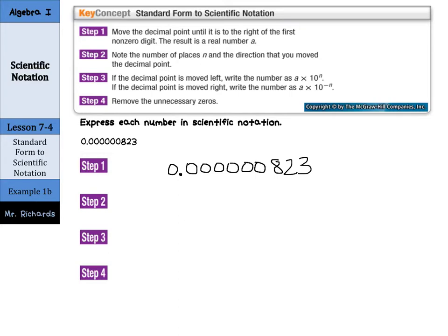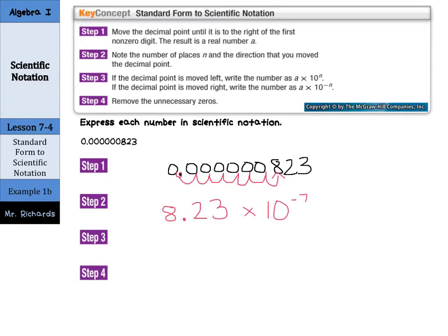Now, let's move this decimal point. We're going to go 1, 2, 3, 4, 5, 6, 7 spots. And we can rewrite this number as 8.23 times 10, and we moved this 7 spots, but we went 7 spots to the right, so this is going to be to the negative 7th.